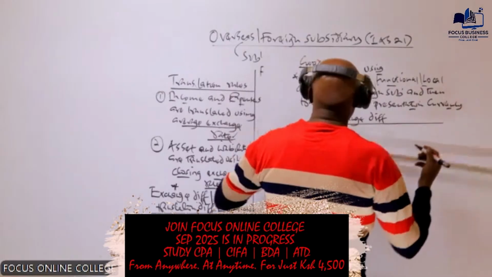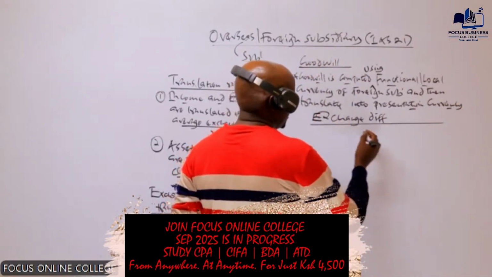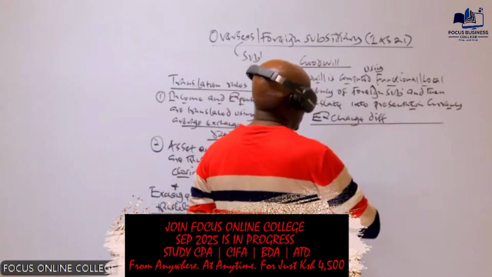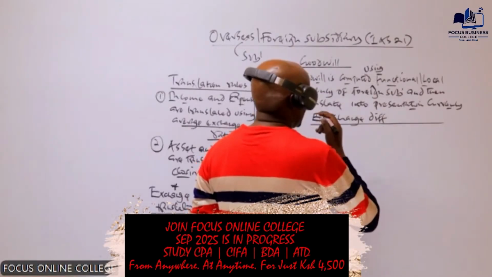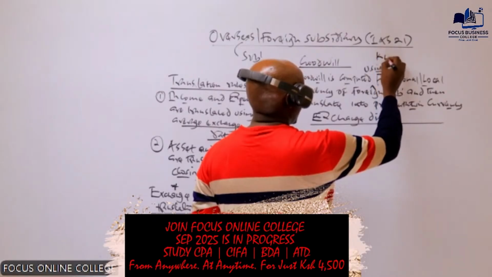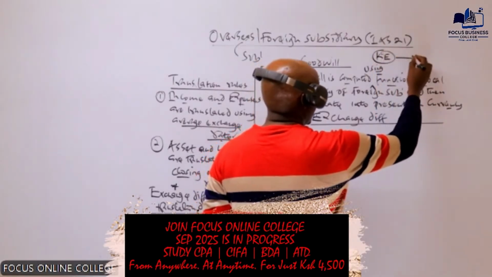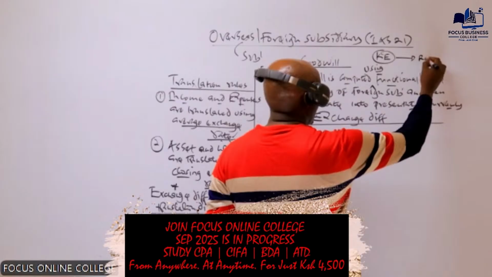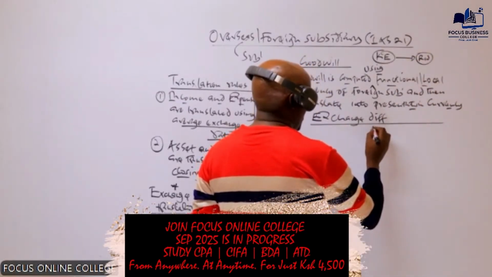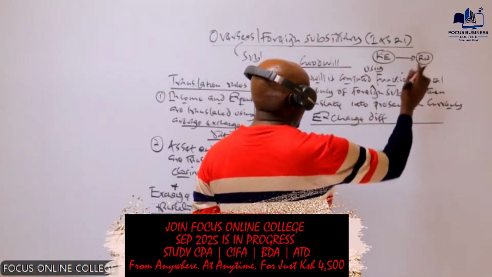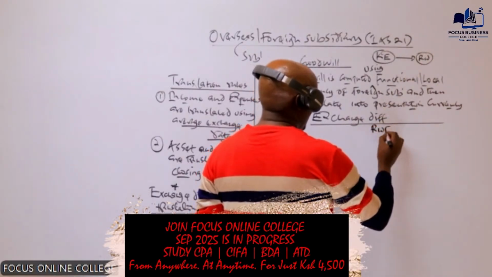So basically, for us to be able to look at how we determine this, we need to have a number of columns here. In this case, I will assume our parent company operates in Kenya, but the foreign subsidiary operates in Rwanda. So here we will have the local currency of the foreign subsidiary, assuming it is Rwandan franc.